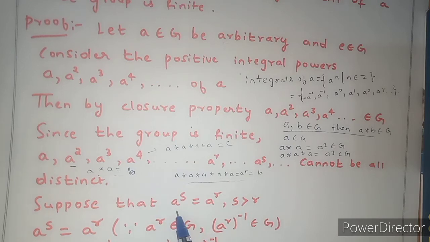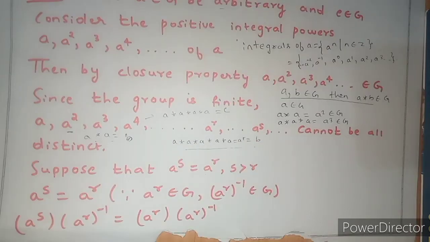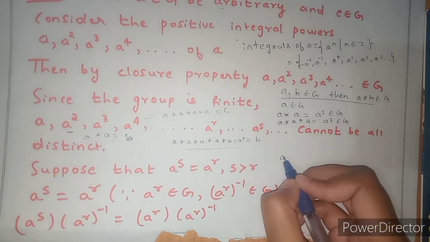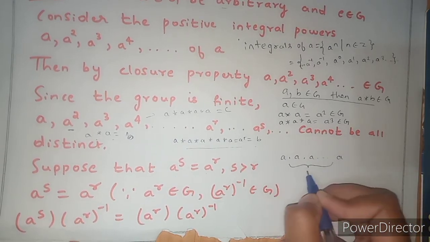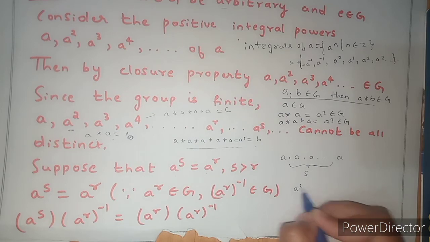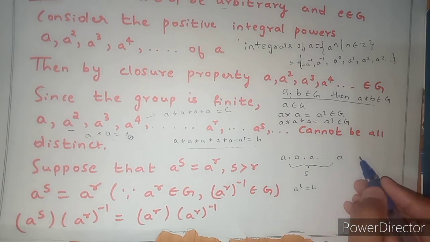For that, suppose a^s equals a^r. Let us suppose a^s equals a^r and s is greater than r. You can ask me, you have written a^s equals a^r and you are telling s is greater than r. See how it is, I will explain. a into a and so on up to a, s times equals b.